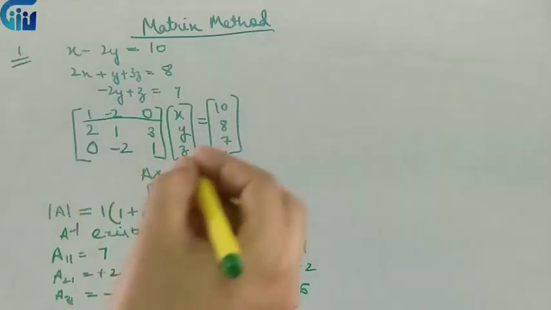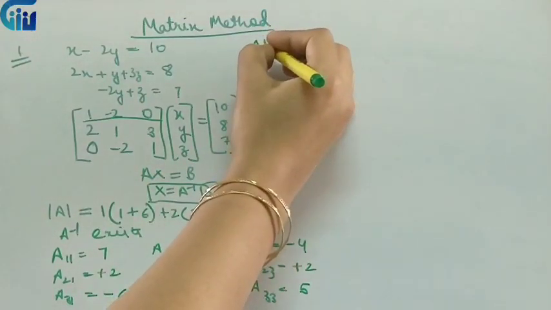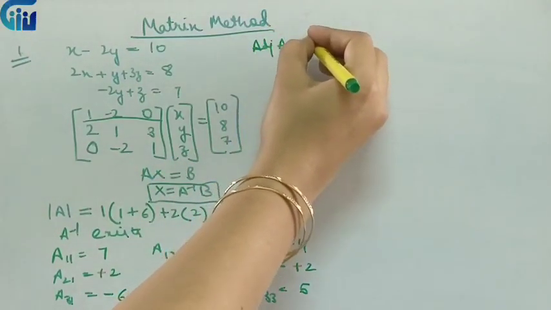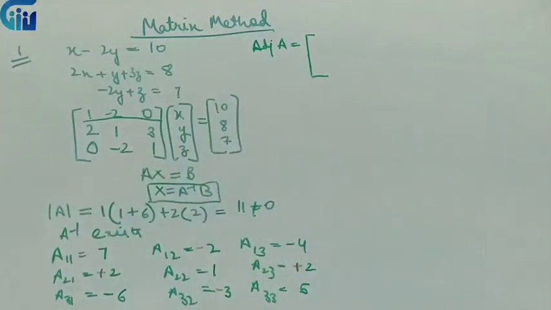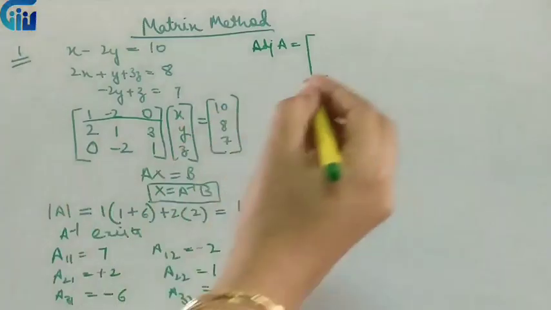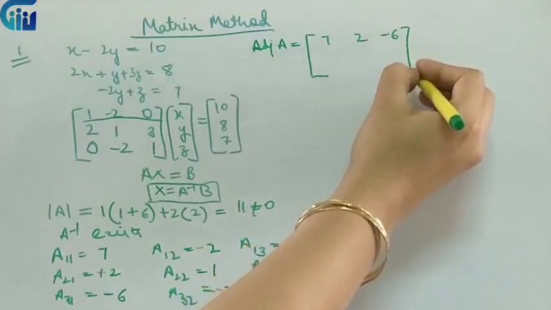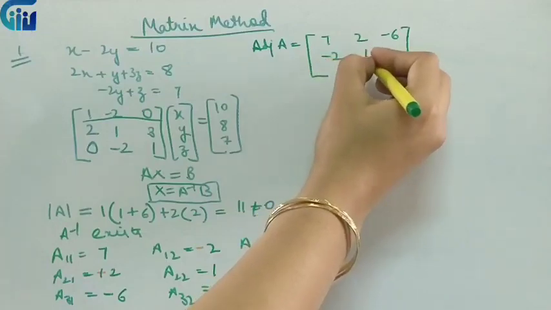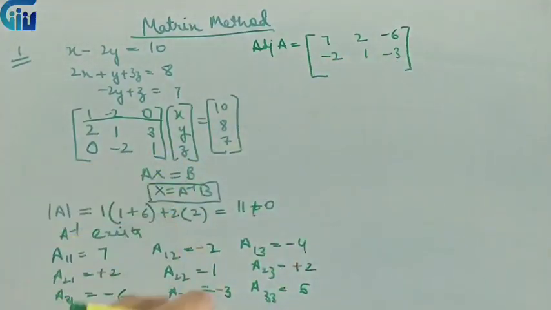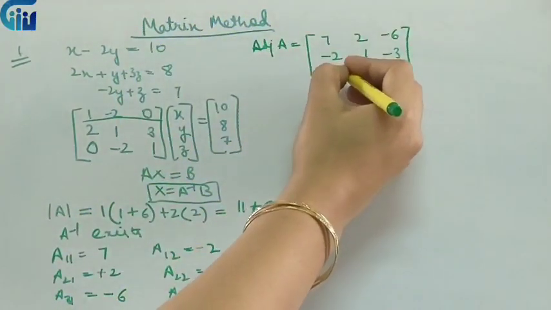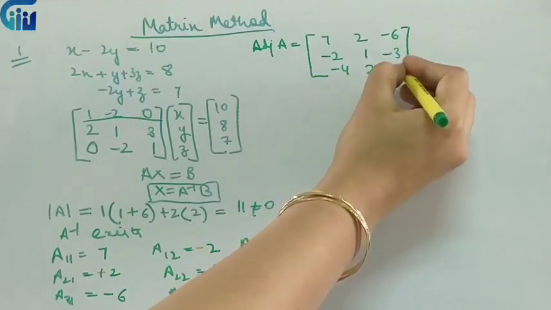Now I'll write the adjoint. The adjoint is the transpose of the cofactor matrix. So this is my column 1, this will become a row over there. I'll write it like this: 7, 2, minus 6, minus 2, 1, minus 3. These columns I'll write in the form of rows over there: minus 4, 2 and 5.